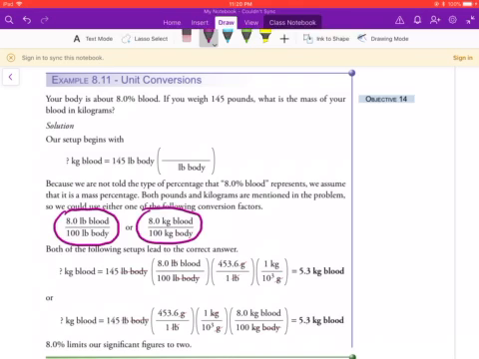Blood is the part, body weight is the total. So you have 2 conversion factors.